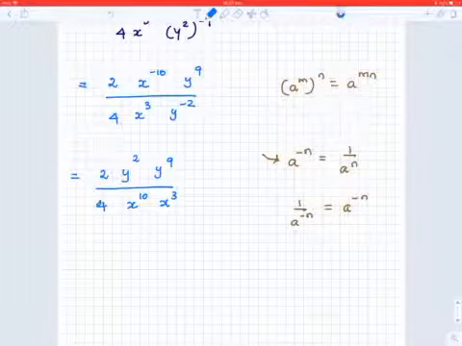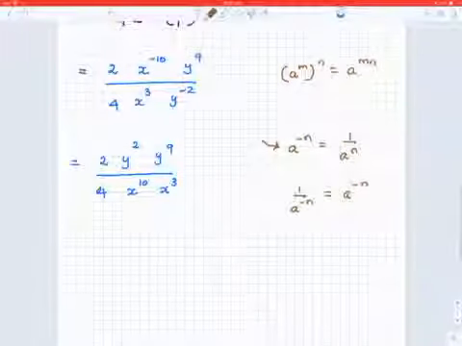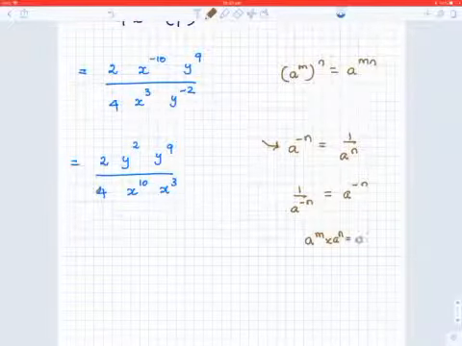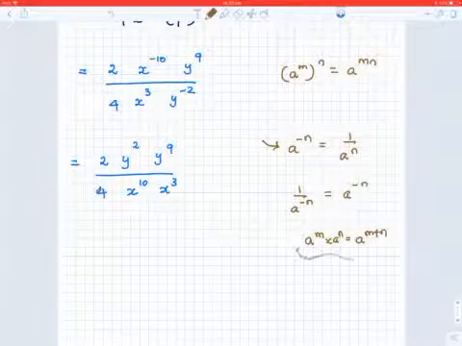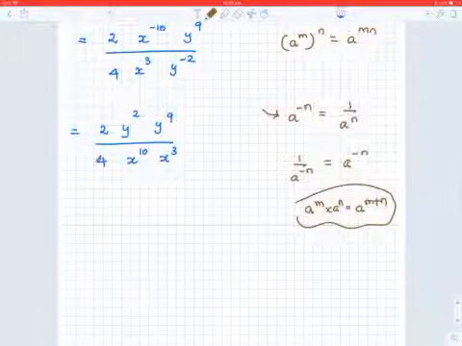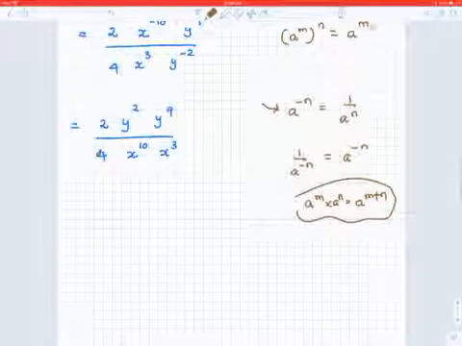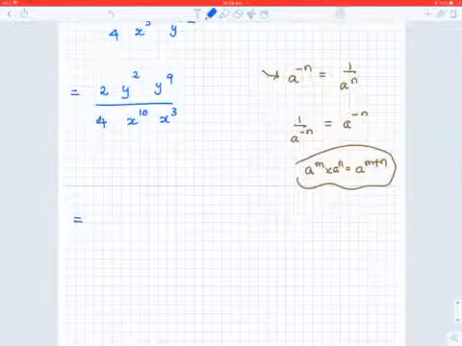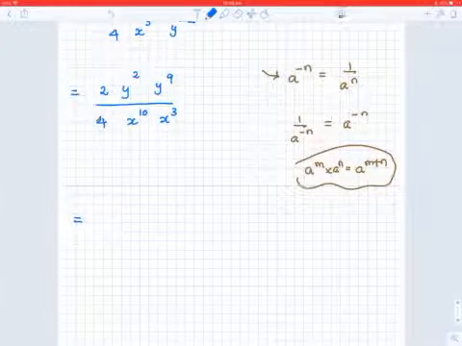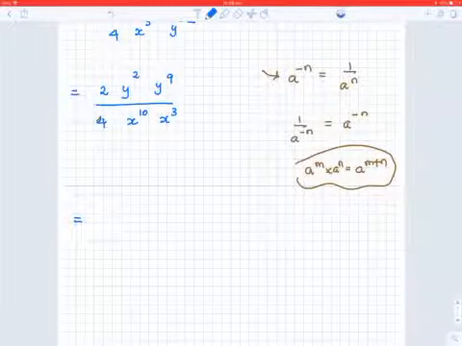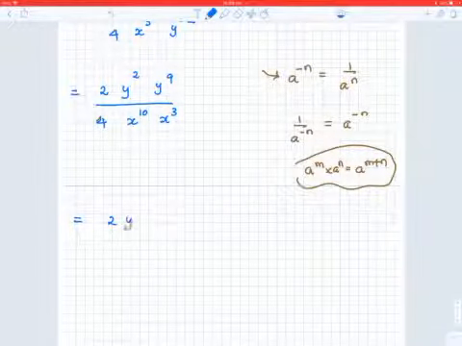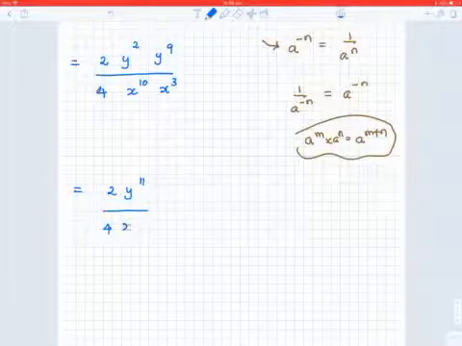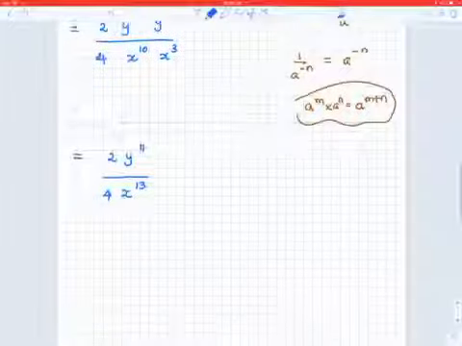Now I'm going to use this law, which is a power m times a power n equals a power m plus n. Using this rule, that becomes 2 y power 11 divided by 4 x power 13.